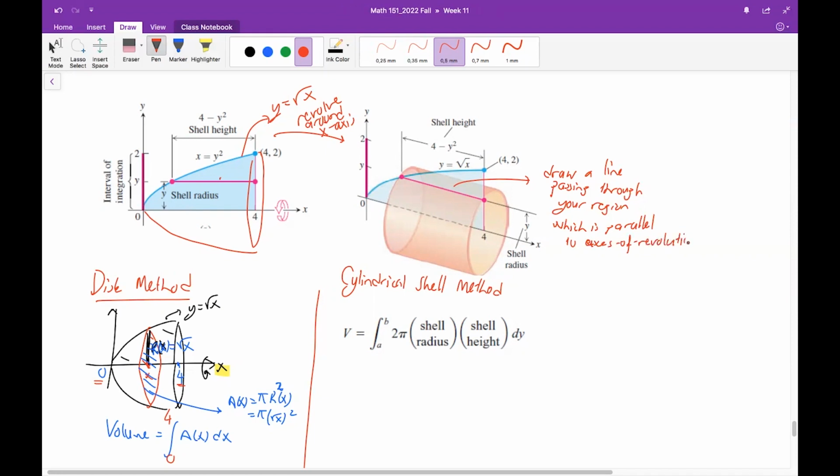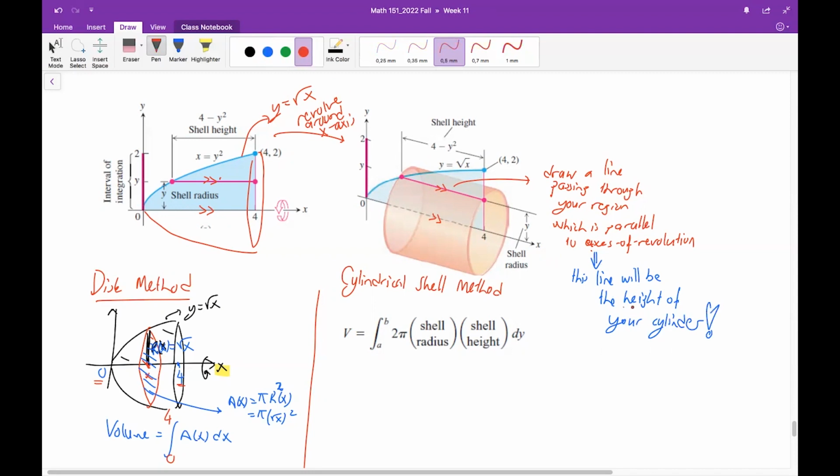What do I mean by this sentence? So this is our axis of revolution. So I draw a line passing through my region, which is parallel to the axis of revolution, okay? So this line will be the height. Then the importance of this line is this line will be the height of your cylinder.